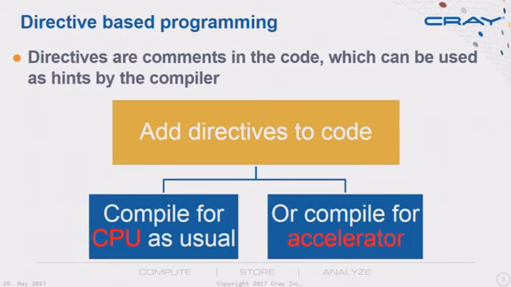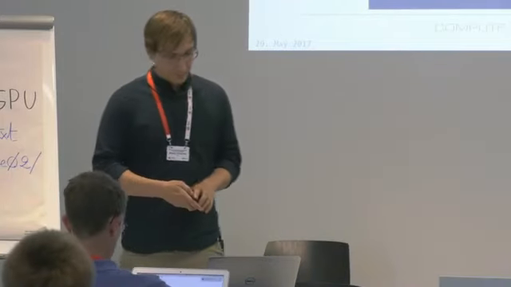These hints, so-called pragmas, are added in the code, and depending on how you select it during compilation, they will be used or not used. You can switch them on and off. You could also use pragmas for both OpenMP and OpenACC, and then decide which one should be used by the compiler, and so on.